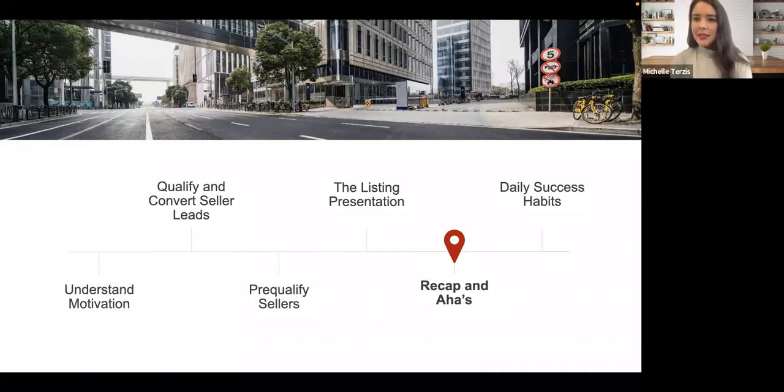Yeah, so typically what I'll do is I will ask them what the address of their property is when I'm qualifying them as a seller. Maybe they say 123 Main Street. And then I will let them know, okay, great, thank you. I want to do some research and I'm going to follow up with you before our appointment.